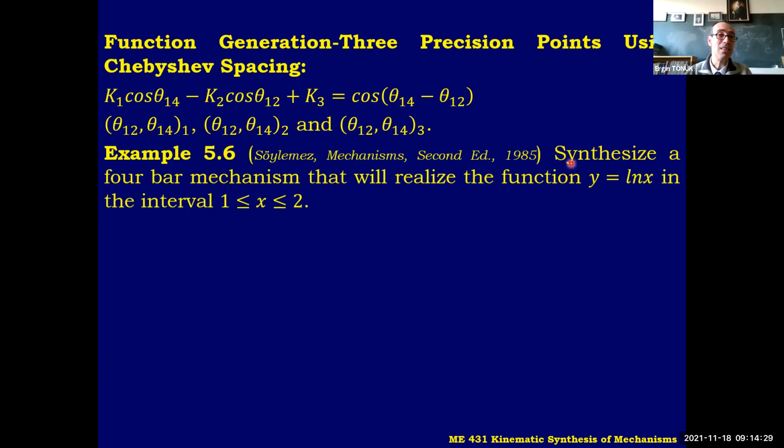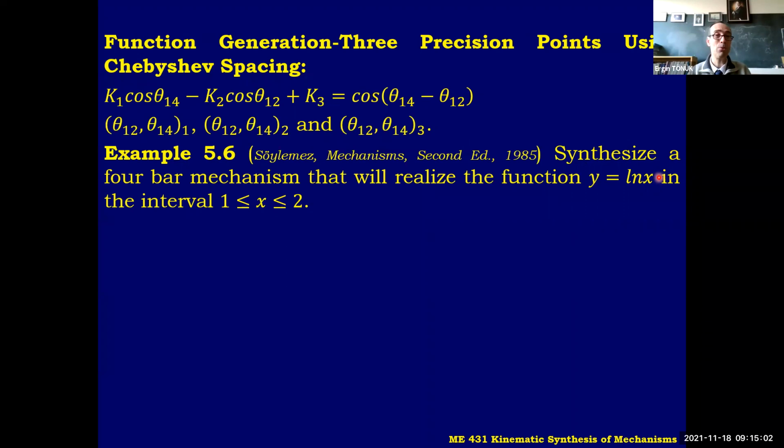It says, synthesize a 4-bar mechanism that will realize the function y equals the natural logarithm of x in the interval when x is between 1 and 2. Now, actually, this problem is not exactly 3-position synthesis, but you're trying to generate a function, okay? Not at 3 discrete positions, but you would like to obtain a continuous function, okay?